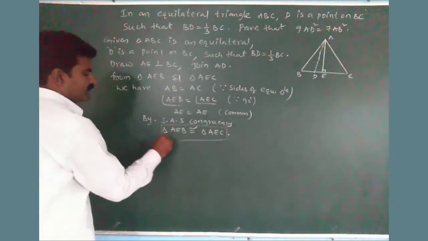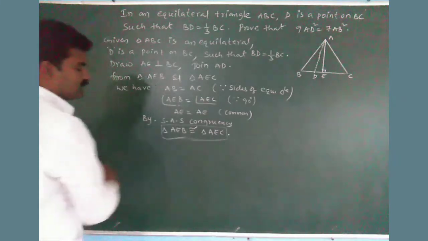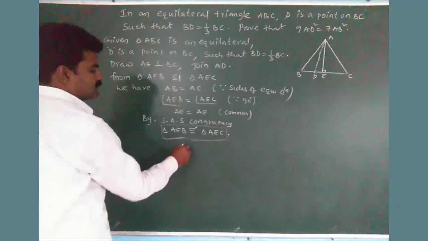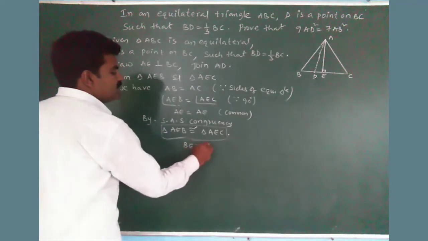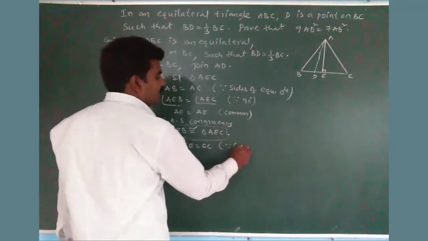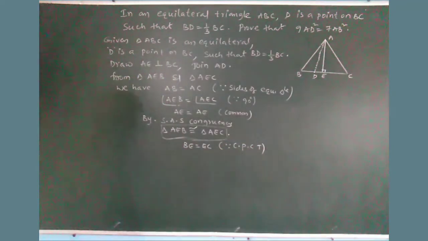So finally we prove that these two triangles are congruent to each other. Then I can say that BE is equal to EC because of corresponding parts of congruent triangles.